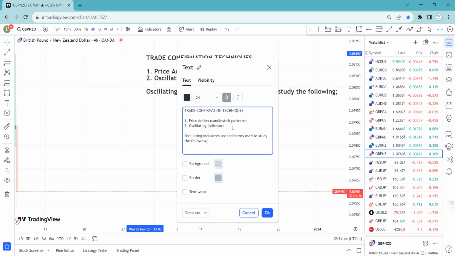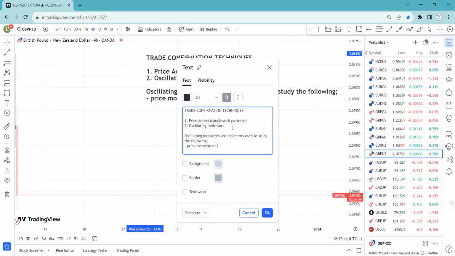So number one that the oscillating indicators can be used to study is price momentum, okay? Now, I know already that we already have momentum indicator, right? Even the momentum indicator can be considered an oscillating indicator, okay? So one of the things that it can be used to study in the market is price momentum.